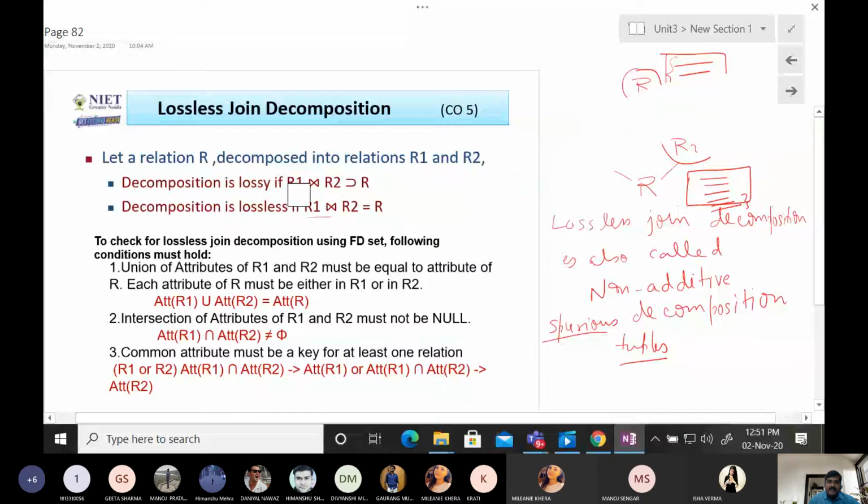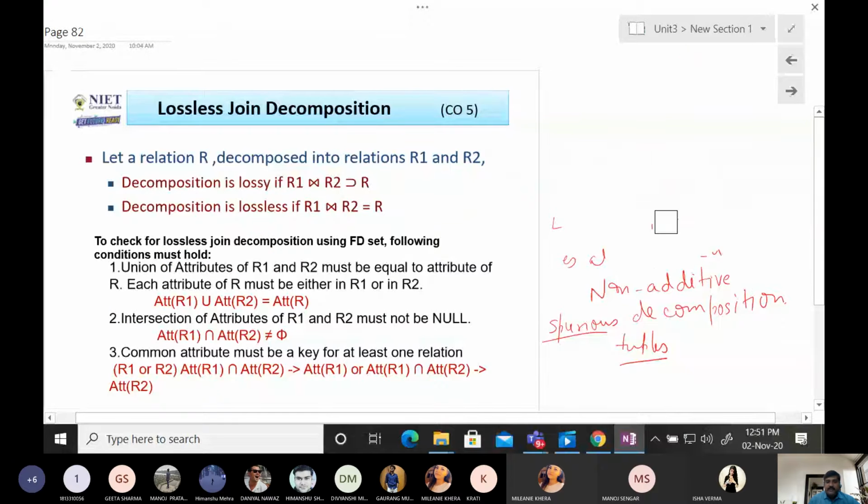Now there are three conditions for lossless decomposition. First condition is attribute preservation. What is the meaning of attribute preservation?